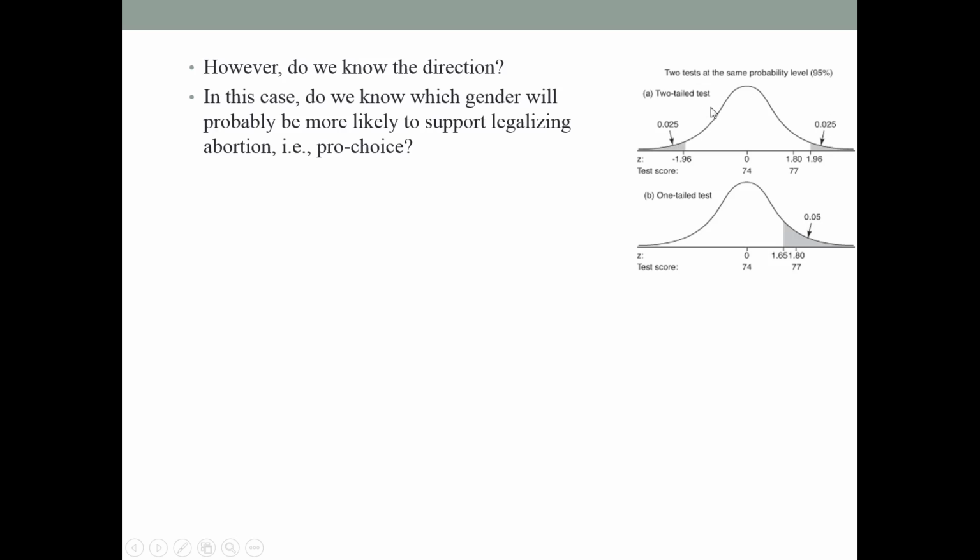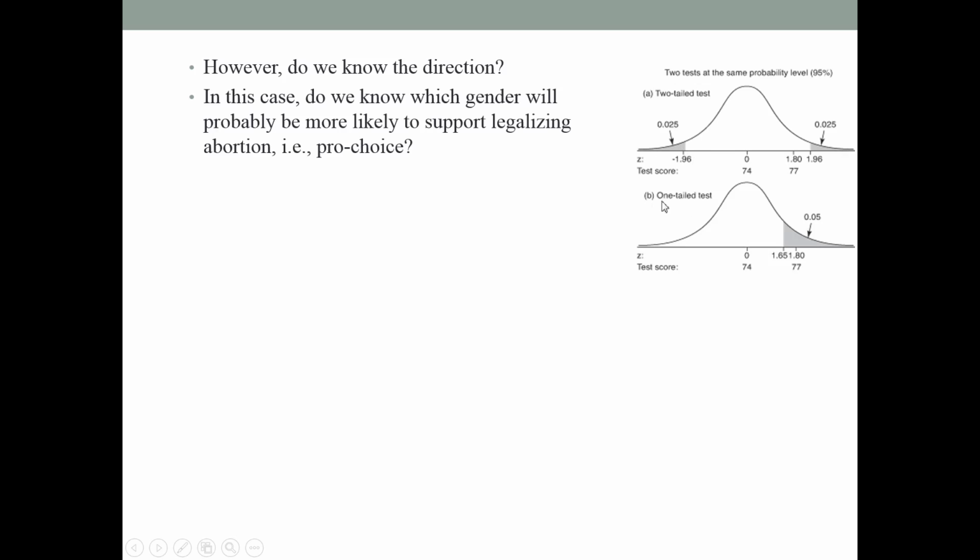So if that's the case, we call it a two-tailed test. And as you can see, two tails is a little bit more strict. The scores have to be very different because I see those areas are quite small.